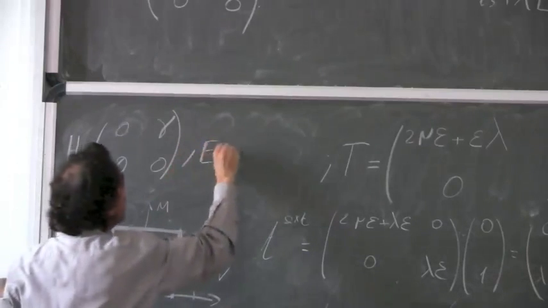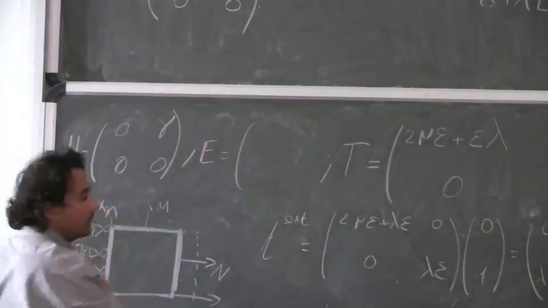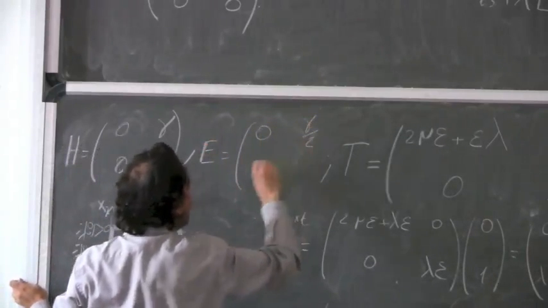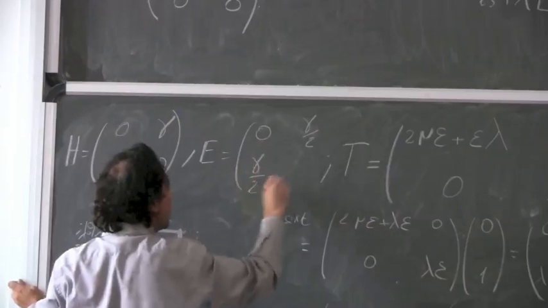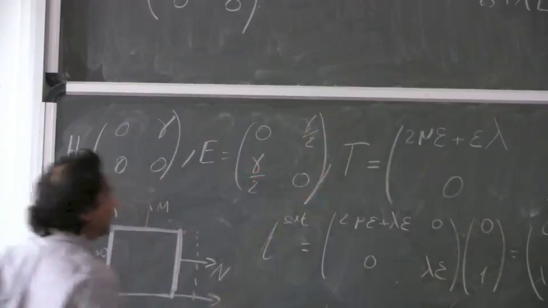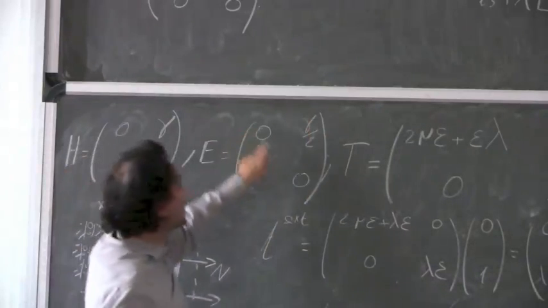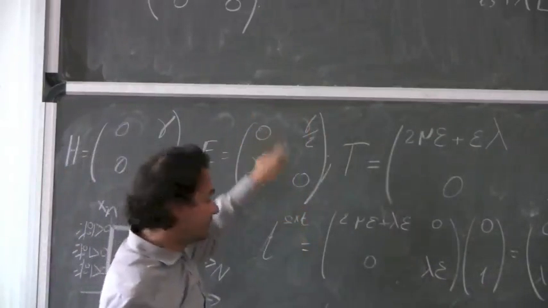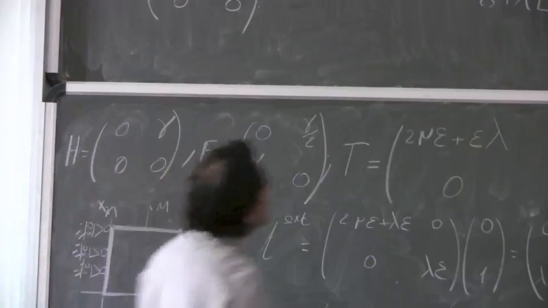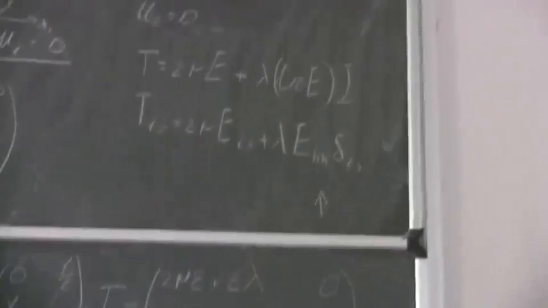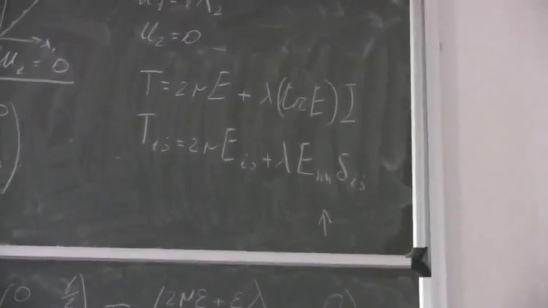It means that E is the symmetric part of this. So it is 0, gamma over 2, gamma over 2, 0. So here the trace of E is equal to 0. So this part is 0. Remains the first part.